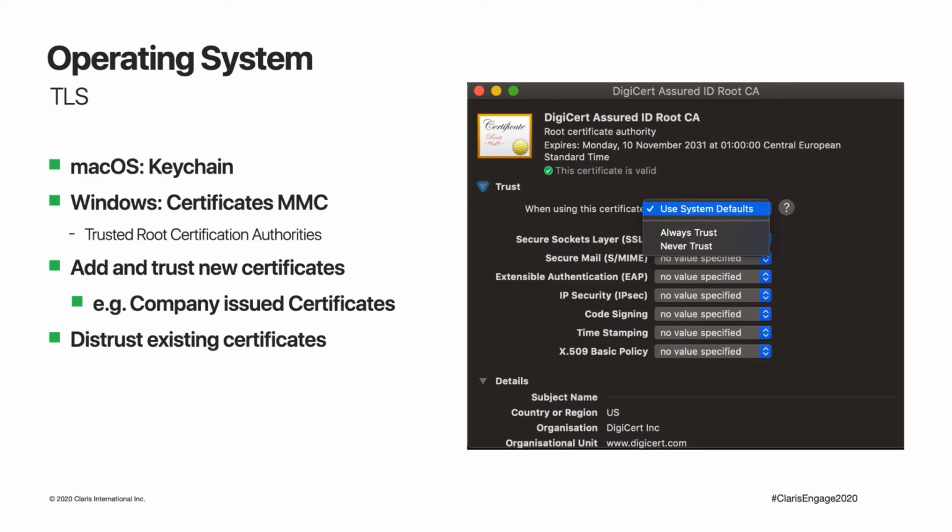In this place, you can add and remove root certificates manually. That happens, for instance, by your IT department. Bigger companies may have their own certificate authority, only for internal purposes, and that root certificate must be installed on your server and on your clients. That will happen automatically.